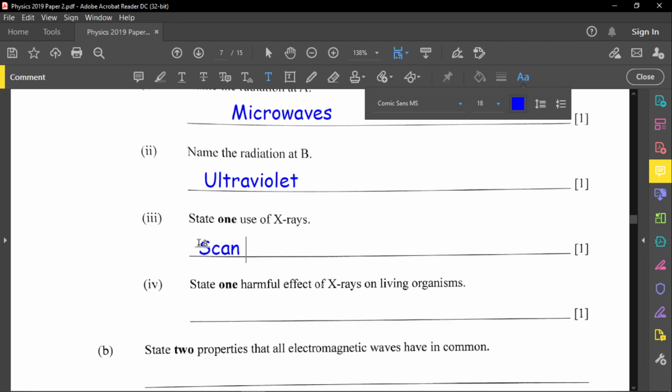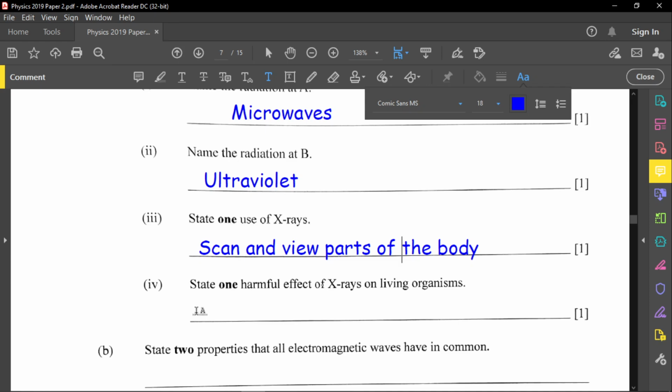So it is to scan and view parts of the body, such as your bones and so on. They could take an X-ray of your lungs. Different parts of the body could be X-rayed for different things. So they want to scan it, they want to view it. All right, so that's one use of it.